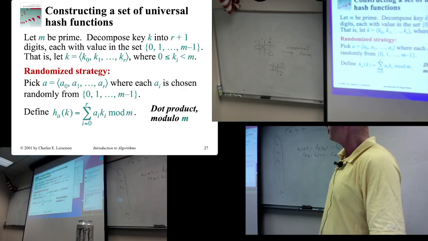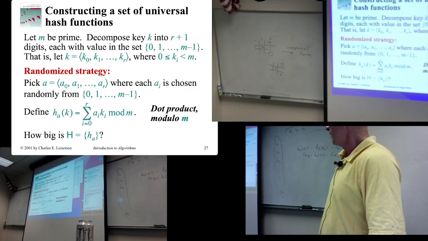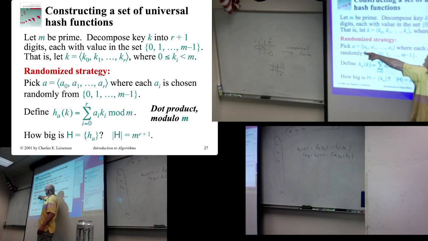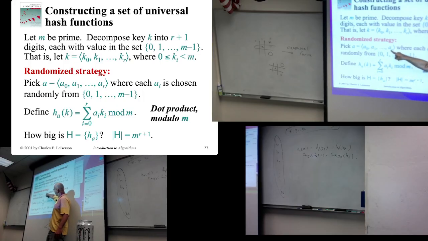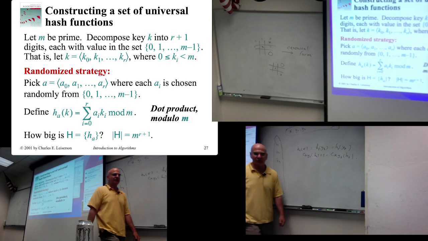Here you see how you break a key into possibly r plus 1 many pieces, and asking how many functions do I have. The number of functions is all the values that I can generate, how many different can I generate for the vector a. All I need to take is the first constant, the second one, all the way up to the r-th constant. So it's m to the power of r plus 1.